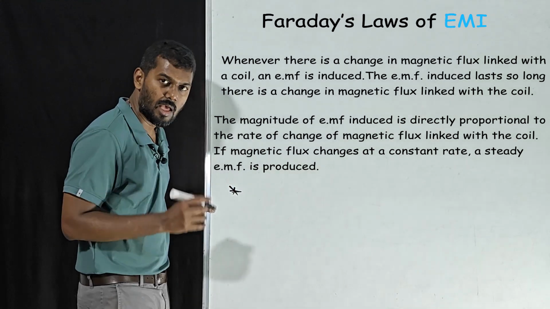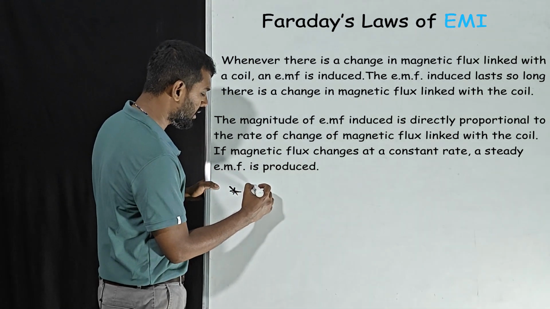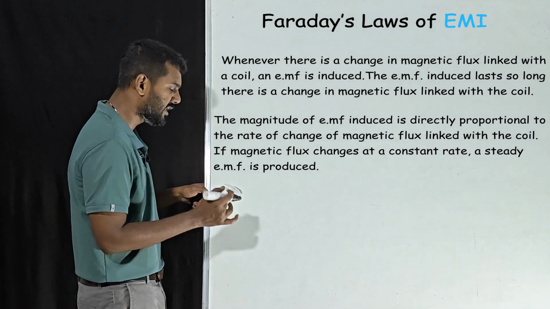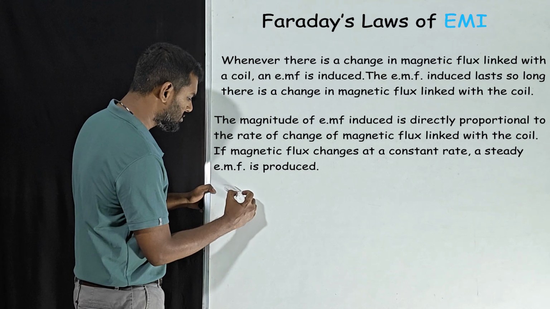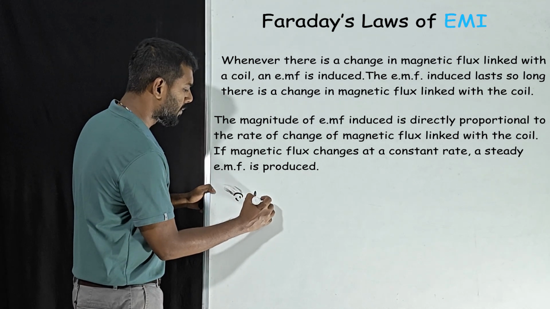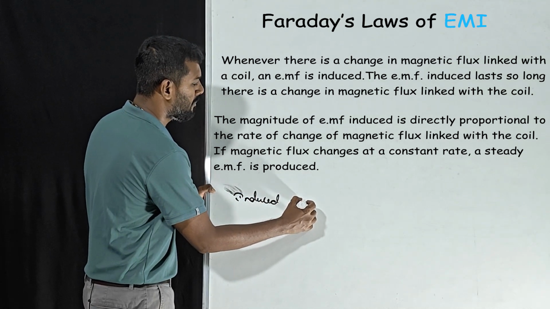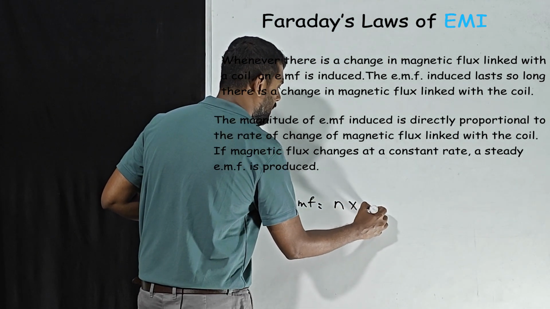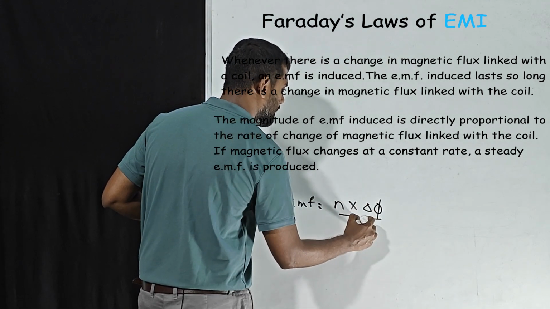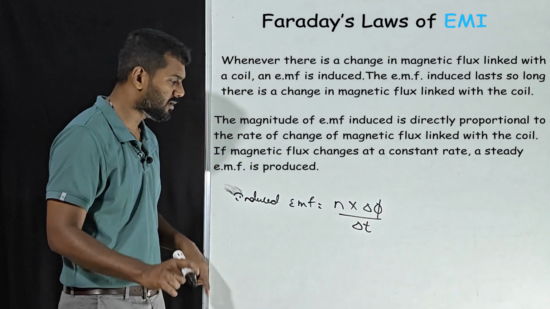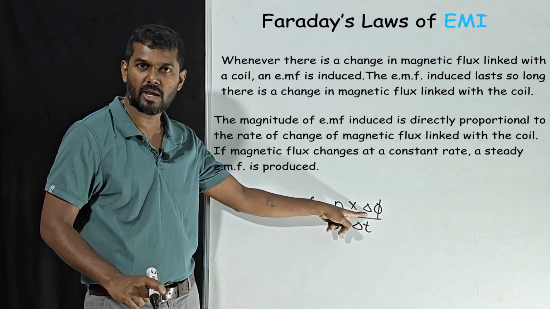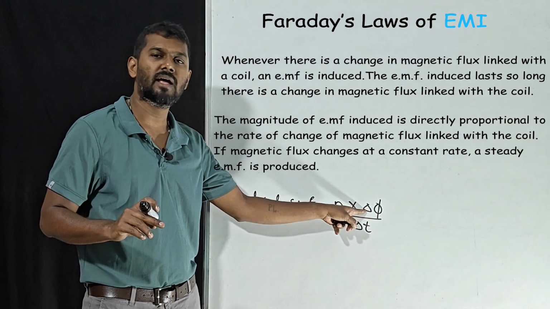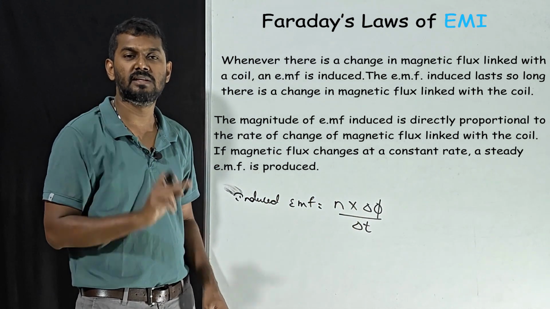First we'll write the formula, and based on it we can easily write the factors. Induced EMF is equal to N into delta flux by delta T. Delta is nothing but a triangle, which represents a change in value.